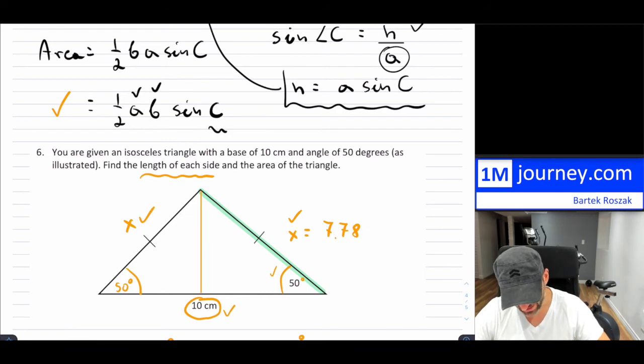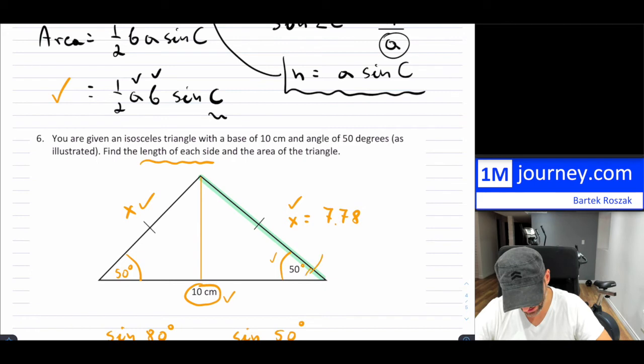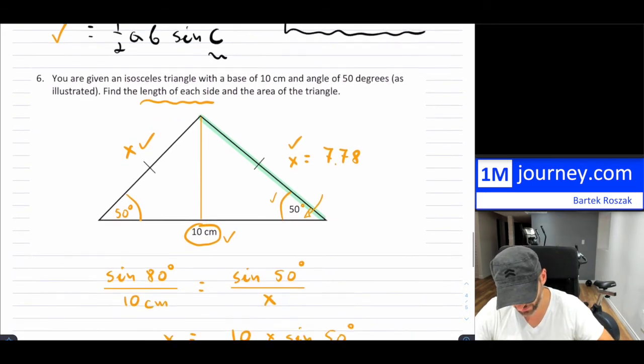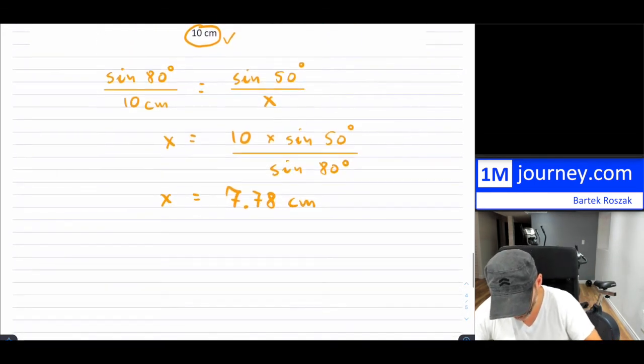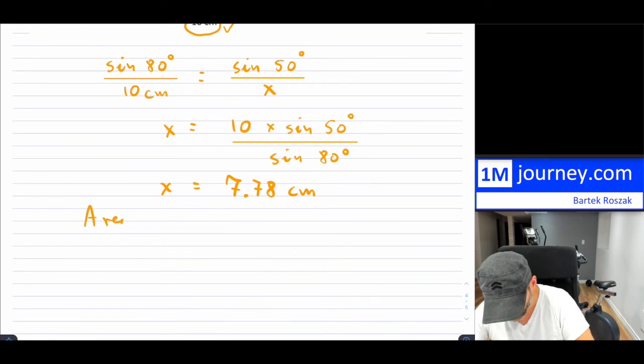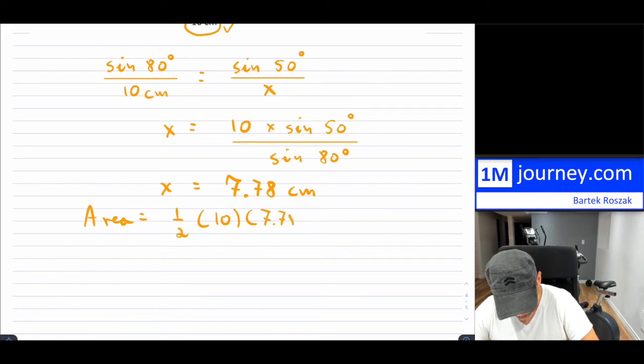And then my angle is sine of basically 50 degrees. So your area is equal to 1/2 times 10 times 7.78 times sine of 50 degrees.